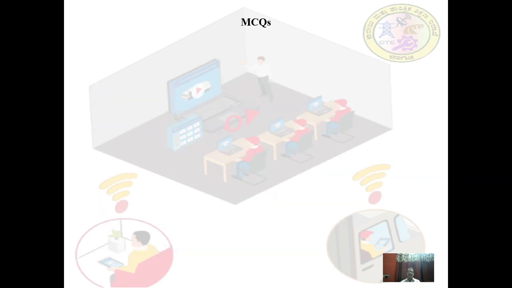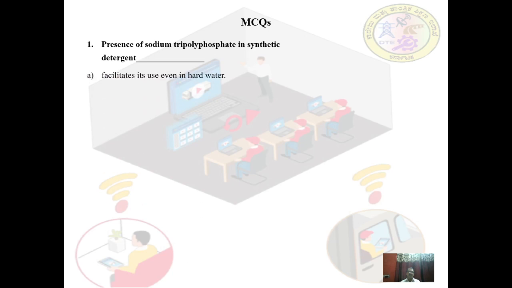Let us see some of the MCQs in this session. 1. Presence of sodium tripolyphosphate in synthetic detergent, dash. A. Facilitates its use even in hard water. B. Inhibits the corrosion effect.